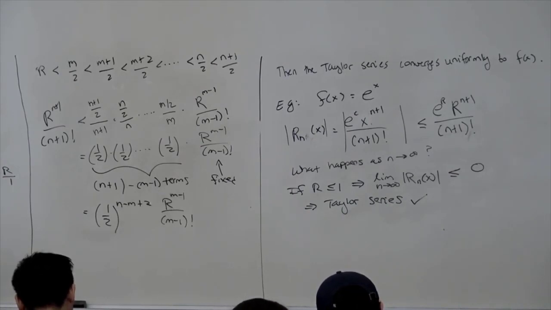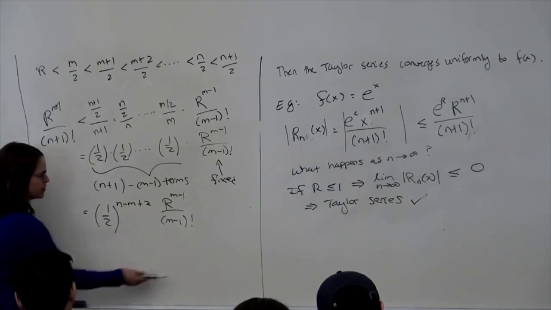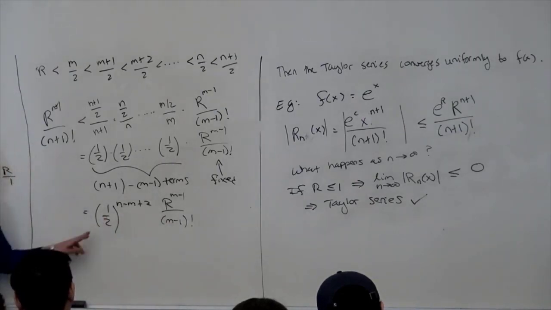Now, this is what happens for n large. We're interested in n being very large. We're interested in taking n out to infinity. As I take n to infinity, again, m is a fixed number, 2 is a fixed number, this is all a fixed number. What happens to 1/2 as I raise it to a power that's very large, going to infinity? It just vanishes, it goes to 0.